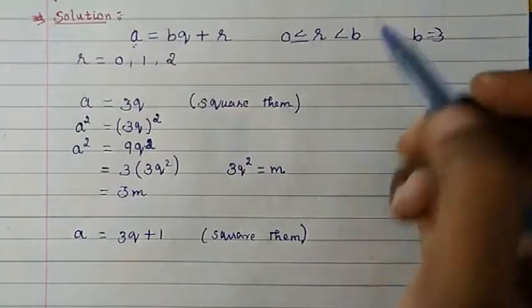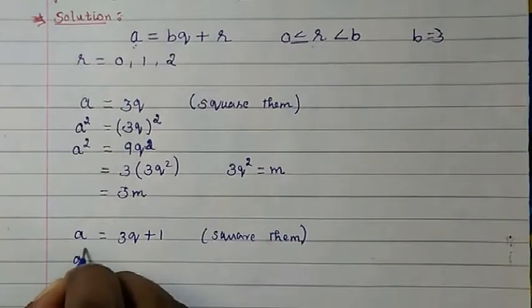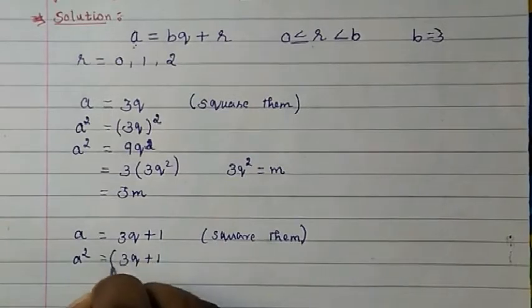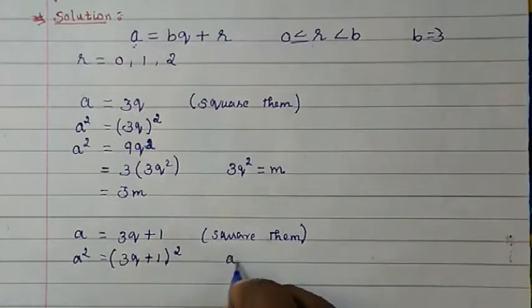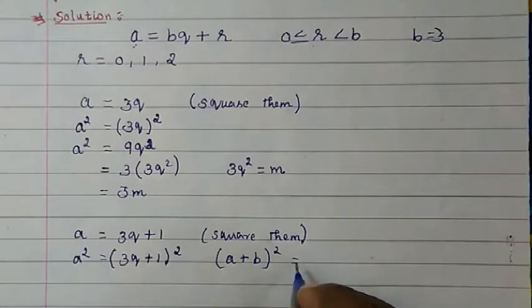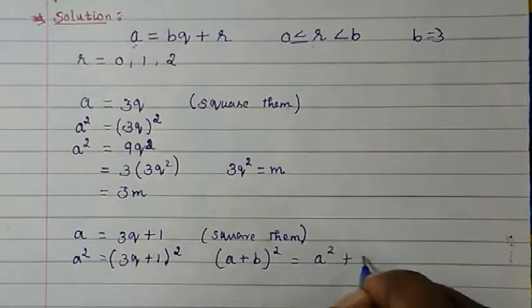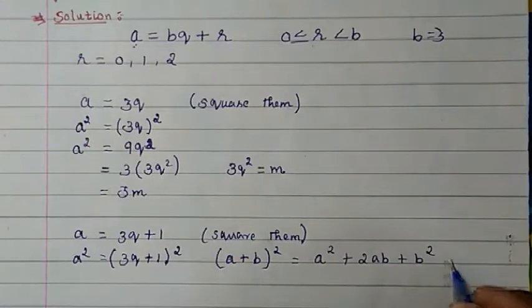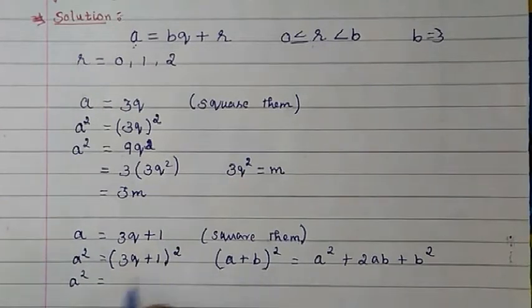Square each of these and then rewrite that. That's why we square them. So after squaring, it is in the form of a plus b whole square. Therefore we can expand it as a square plus 2ab plus b square.